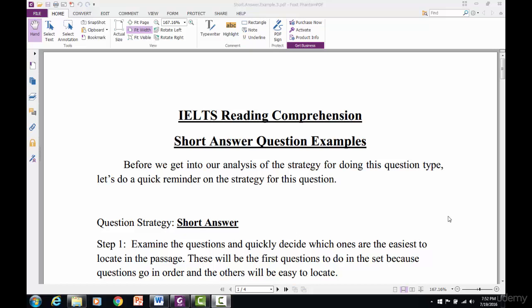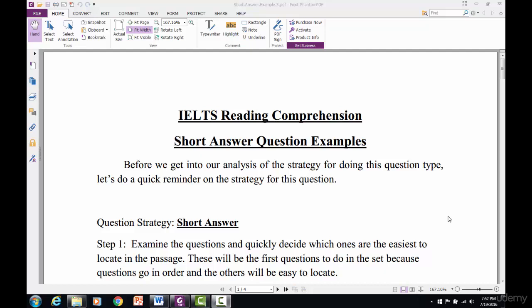I am happy to be with you again as we go through our short answer example number 3. These short answer questions, as you know by now, go in order. We want to do the easiest ones to find first. We have to look for the keywords in the question, and then scan the passage and find the sentence that has those keywords.